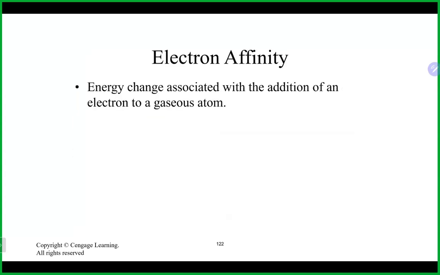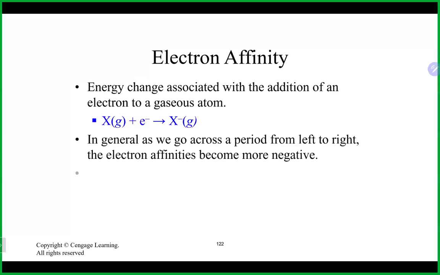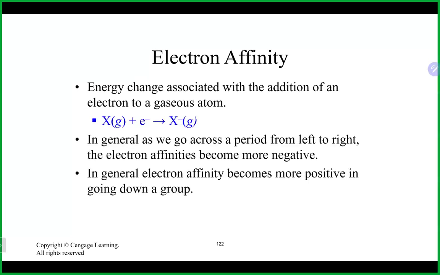Another important trend is electron affinity. Electron affinity is the energy change that occurs when an atom gains an electron. So we think about anions when we talk about electron affinity, because those gain electrons and become negatively charged.